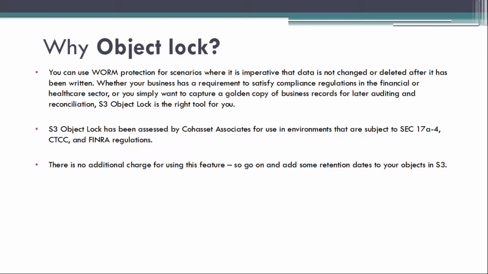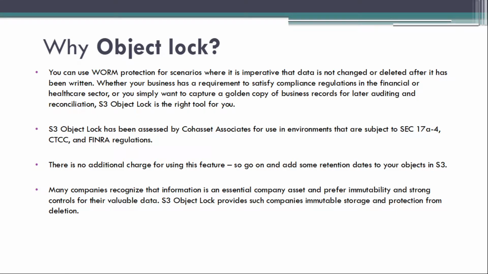There is no additional charge for using this feature, so go on and add some retention dates to your objects in S3. Many companies recognize that information is an essential company asset and prefer immutability and strong controls for their valuable data. S3 Object Lock provides such companies immutable storage and protection from deletion.